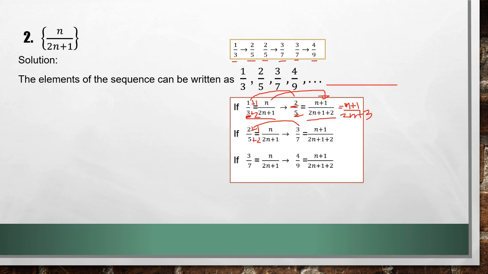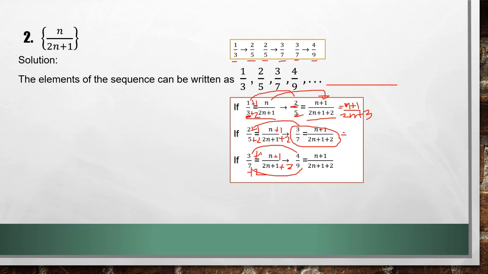Hence, we can also add 1 to n, and we can also add 2 to 2n plus 1. And the same with 3 over 7 and 4 over 9. For 3 to become 4, we add 1. For 7 to become 9, we also add 2. Hence, we can also add 1 here and 2 here.